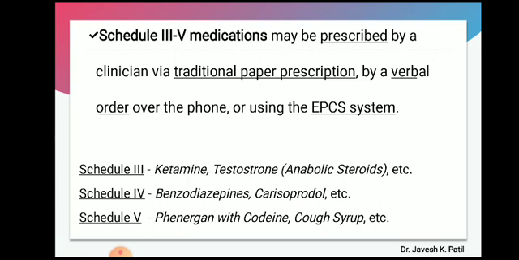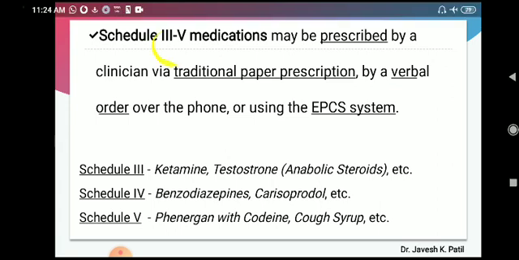About schedule 3, 4 and 5 medications, which are prescribed by the clinician via traditional prescription as well as by verbal order, and also by the electronic prescription of controlled substances system.